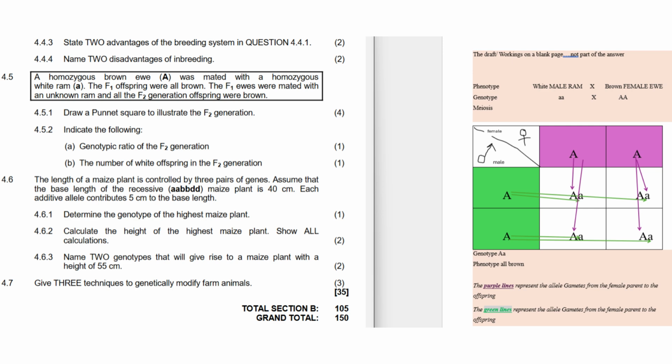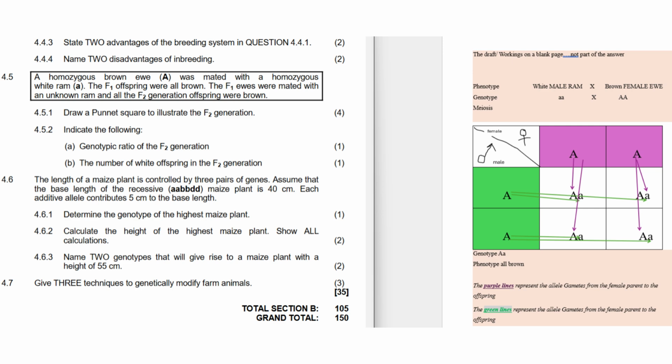Now that we have the genotype from the first crossing, we go back to read our scenario. The F1 offspring were all brown. That's what we got. The F1 female animals were mated with an unknown ram.